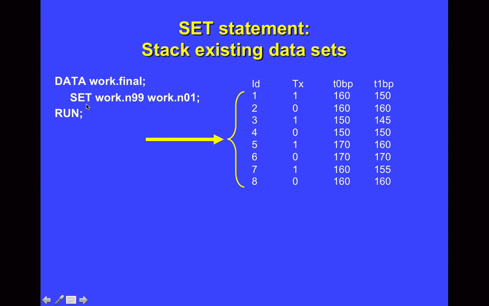And that new temporary SAS data set named final will be populated by the observations and variables contained in work.n99 and work.n01. And then you have a run statement. Okay. So this code effectively takes these 2 separate SAS data sets, puts the information into a new temporary SAS data set called final, and it would have this structure.